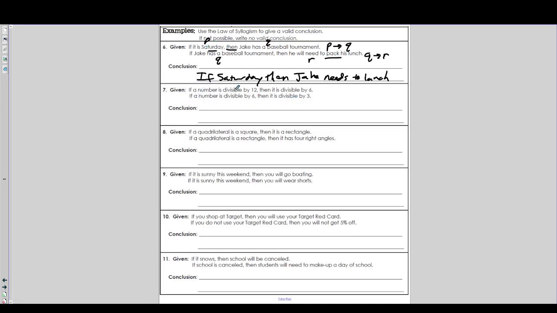This one we have if a number is divisible by 12. That's our first statement. Then it's divisible by 6. That'll be Q. If a number is divisible by 6, that's Q again, then it is divisible by 3, and that's R. So again, we have if P then Q, and if Q then R. So we can conclude if a number is divisible by 12, then it's divisible by 3.